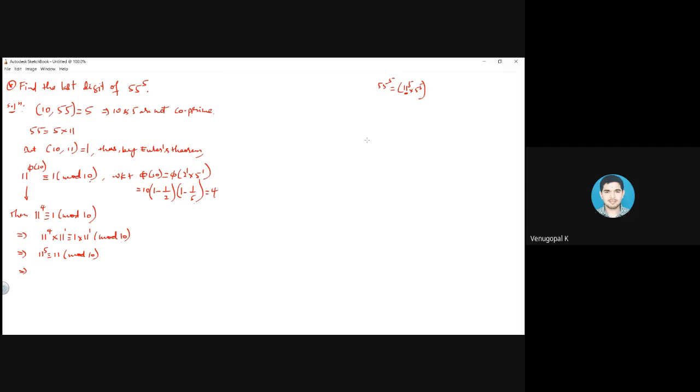Now we want 5 power 5. So 5 power 5 into 11 power 5 should be congruent to 5 power 5 into 11 mod 10. That is, this would imply 55 power 5 is congruent to 5 power 5 into 11. How much is 5 power 5 into 11?